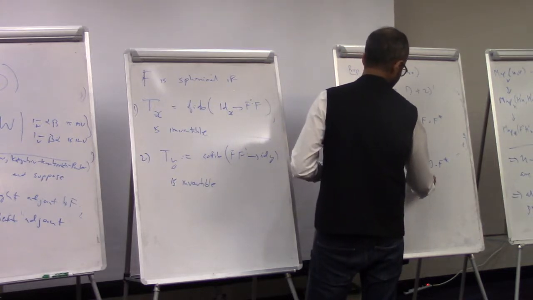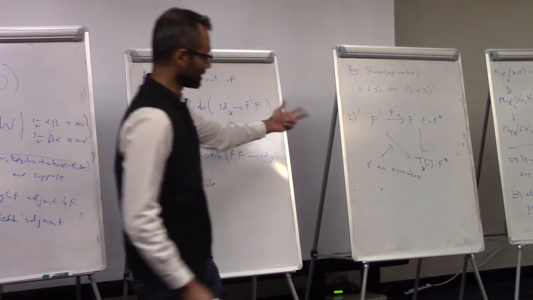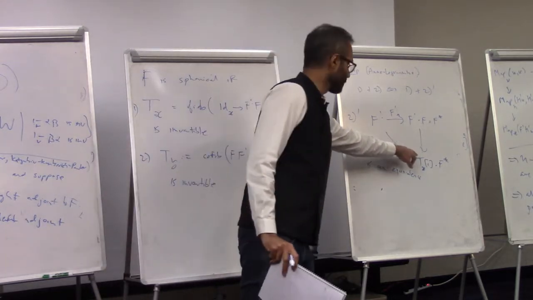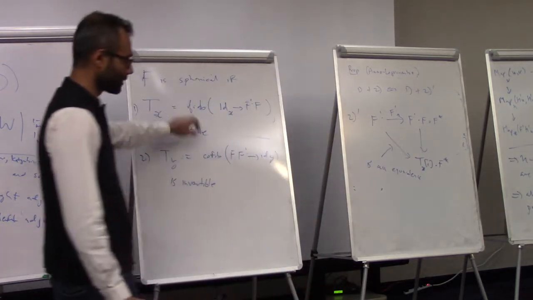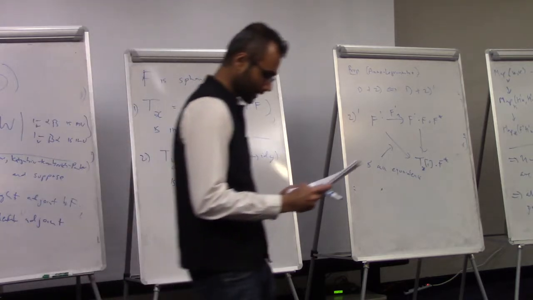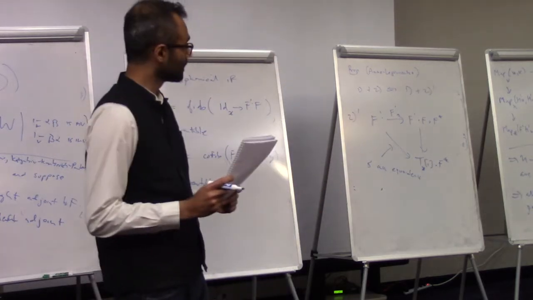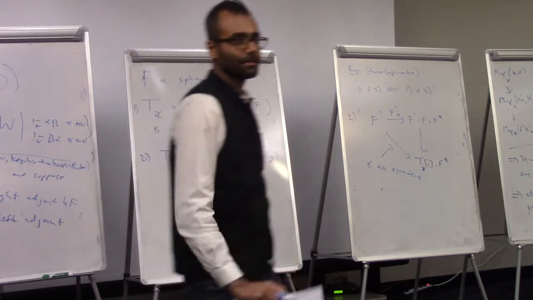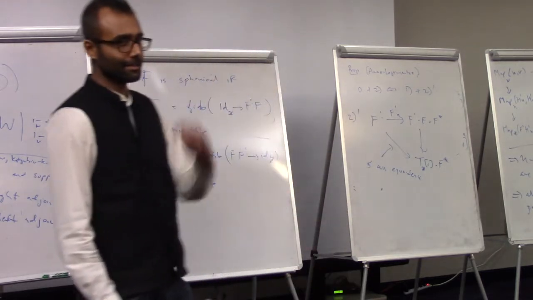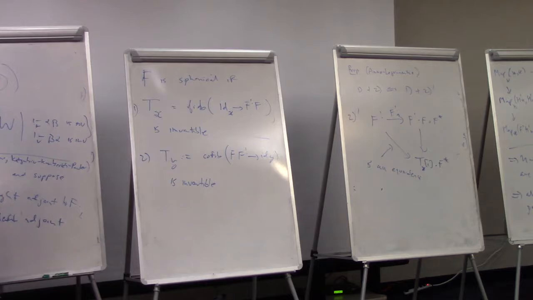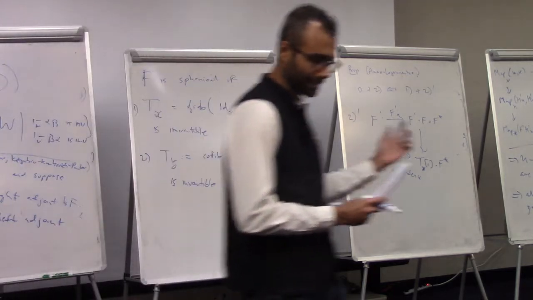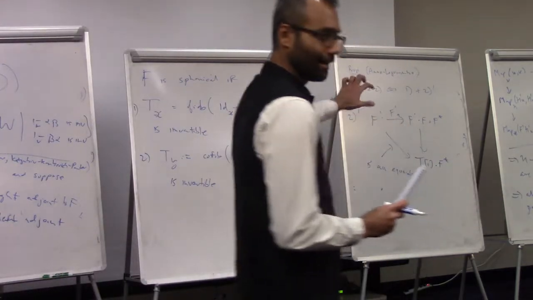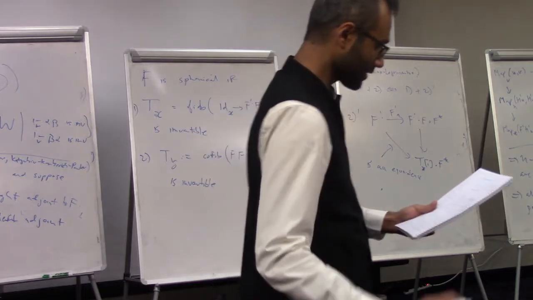In other words, the left and right adjoints are essentially equivalent up to the twist, where this twist is the fiber of this unit map. In your paper there are 4 different conditions, and any 2 of those imply all the others. So I only need this one for this talk.